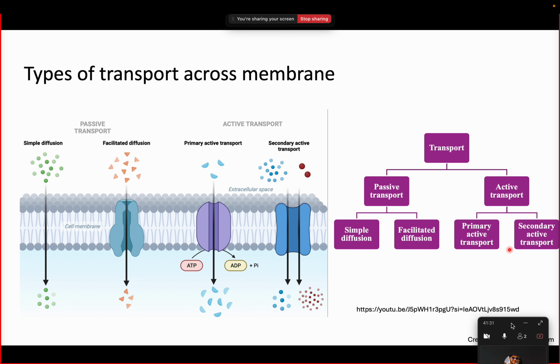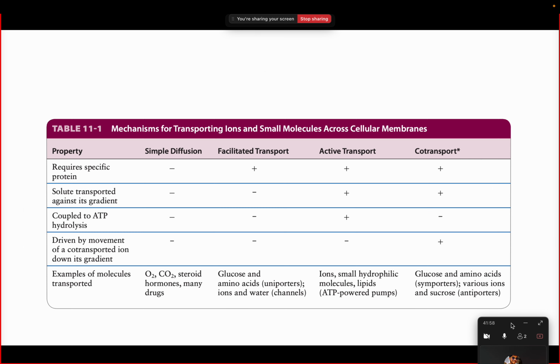But what if this energy is not coming from the ATP molecule or the energy molecule, but is actually coming from another substrate which is already present in higher concentration in the same site and can be easily transported on its own with the help of protein along its concentration gradient. So it is actually using secondary energy from this particular substrate, hence it is called secondary active transportation.